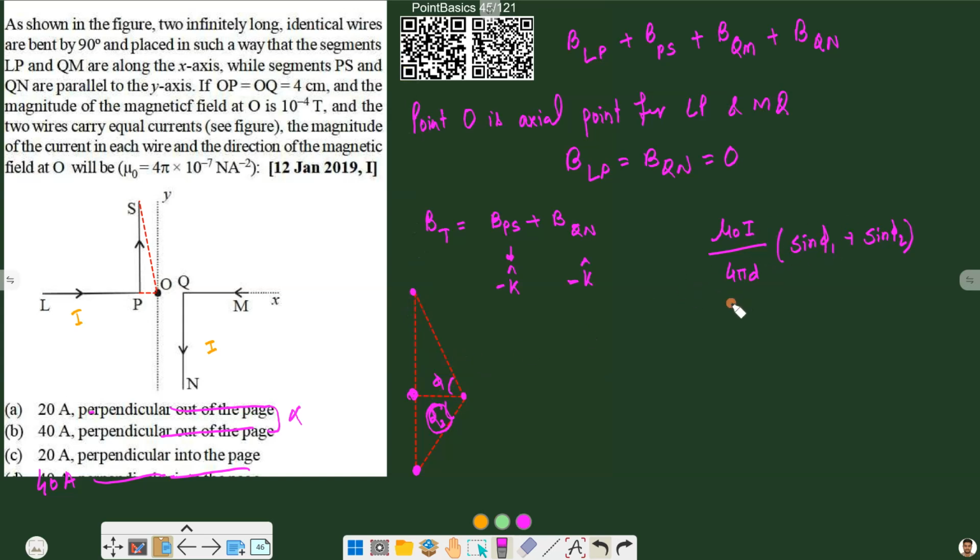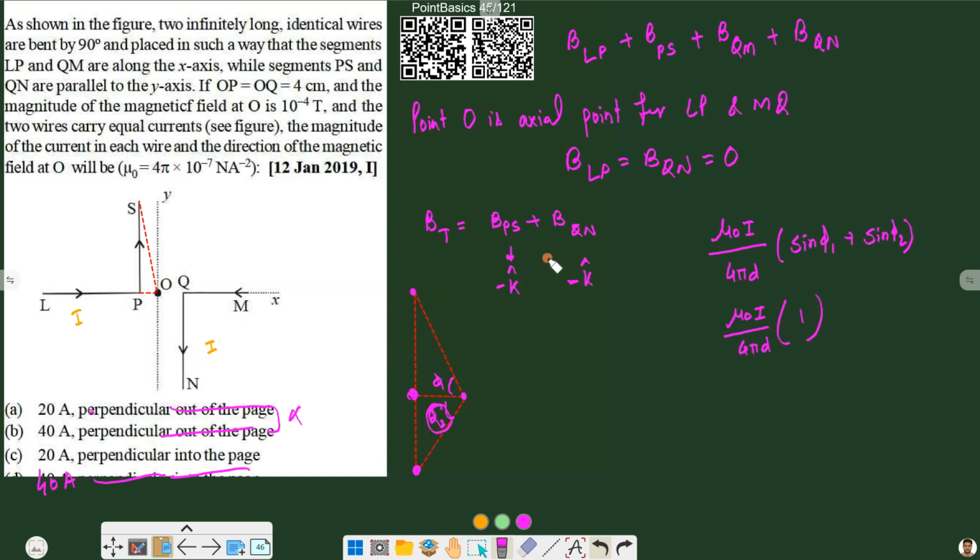So this whole equation will reduce to mu naught I by 4 pi d into sine phi 1, that is sine 90, so 1, plus sine 0, that is 0. So magnetic field due to PS conductor will be mu naught I by 4 pi d, and similarly for the QN conductor, applying the same criteria, it will be again mu naught I by 4 pi d.